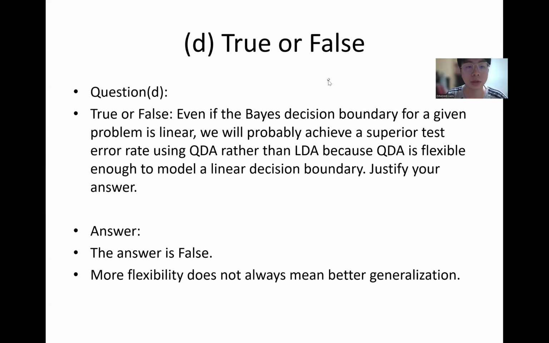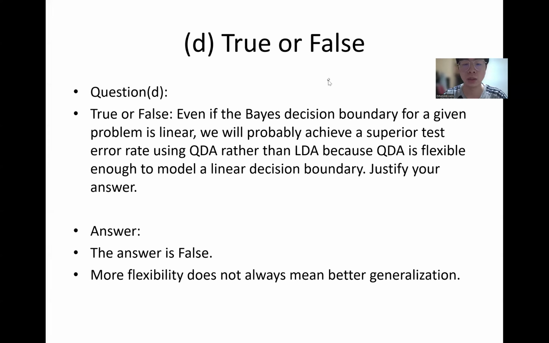For the last question, we're gonna say, is this statement true? Even if the Bayes decision boundary for a given problem is linear, we will probably achieve a superior test error rate using QDA rather than LDA because QDA is flexible enough to model a linear decision boundary.